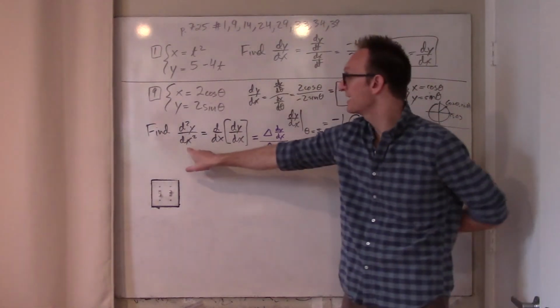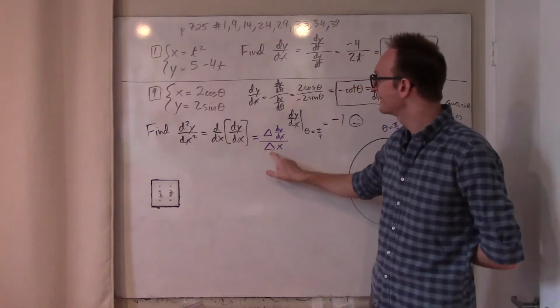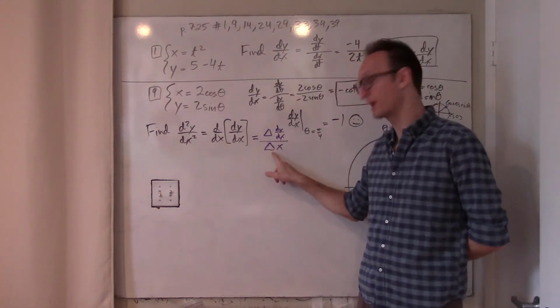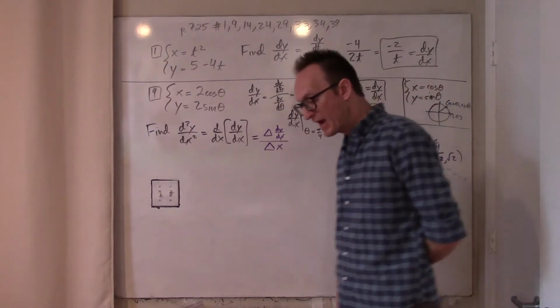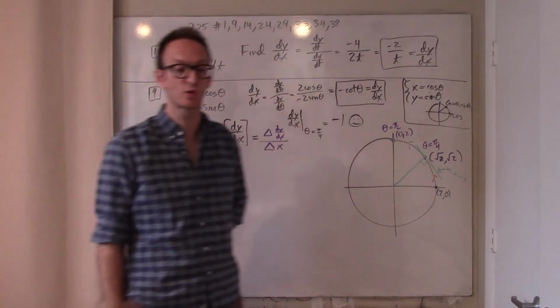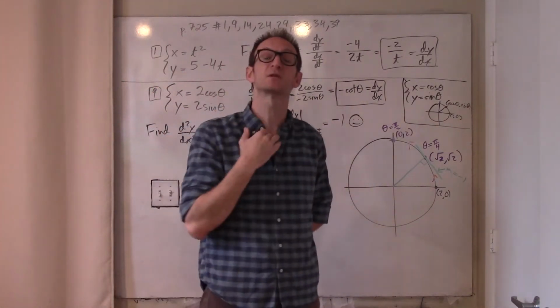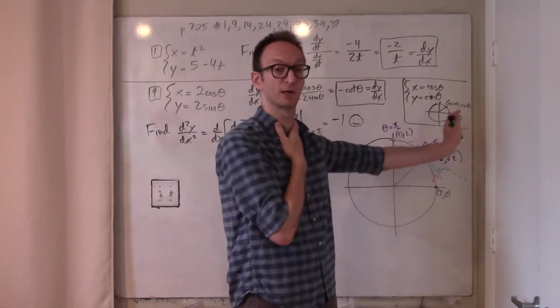And this thing that I'm being told to compute is really asking the question, hey, let x get a tiny bit bigger. What happens to dy/dx? And therefore, this computation can be seen as the answer to the question of what is happening to the slopes of the tangent lines to the curve as x gets a little bit bigger.